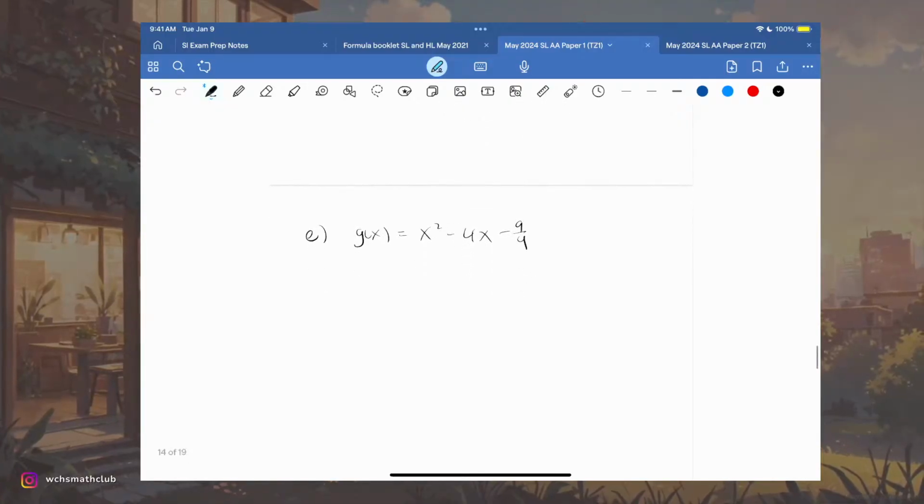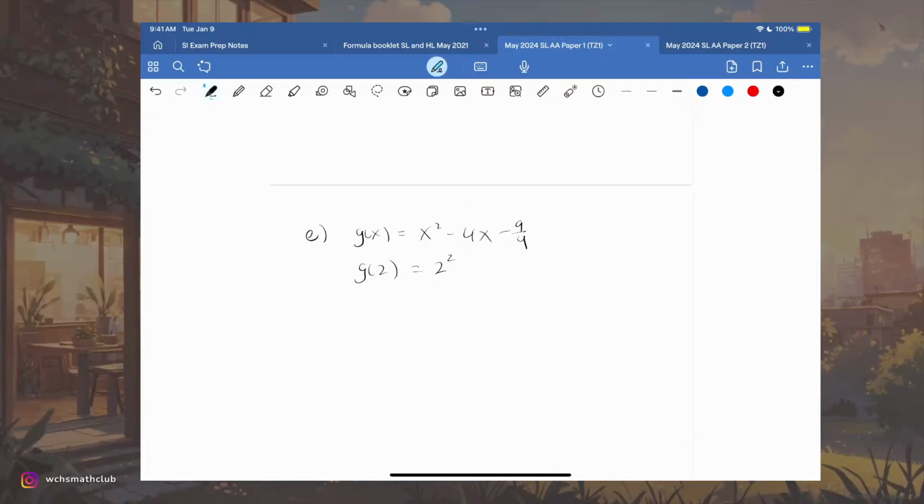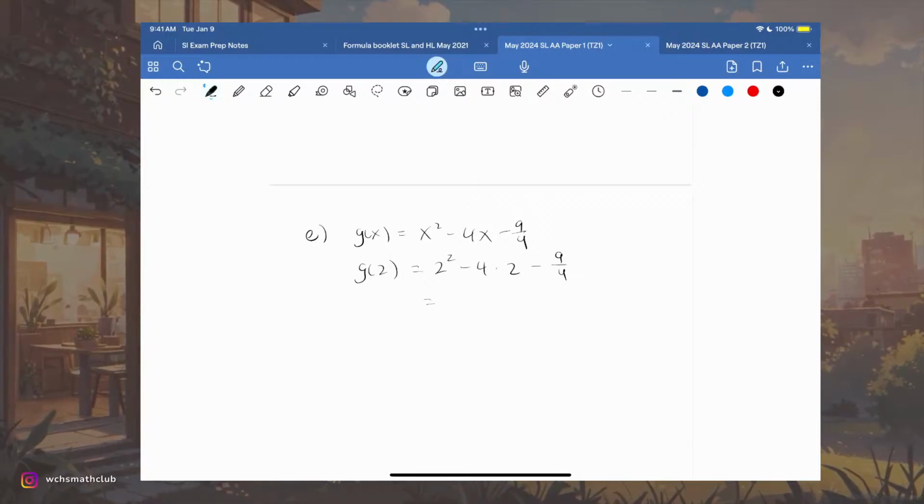So here, in order to find the y-coordinate, we want to have x equals 2. So g of 2 equals 2 to the power 2 minus 4 times 2 minus 9 over 4. And this will give us 4 minus 8 minus 9 over 4, which equals negative 25 over 4.